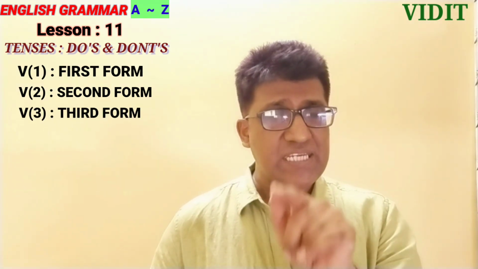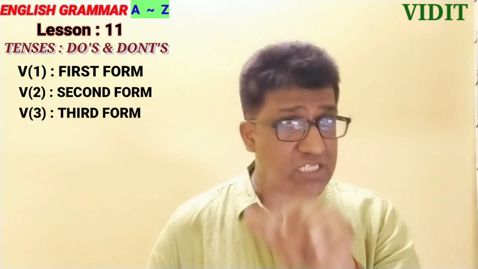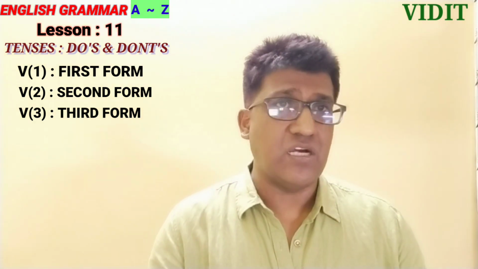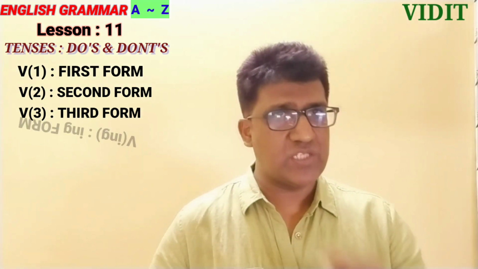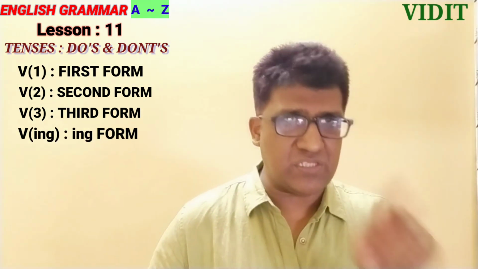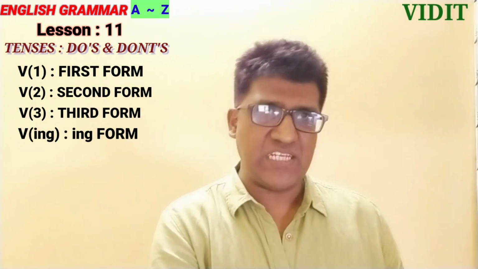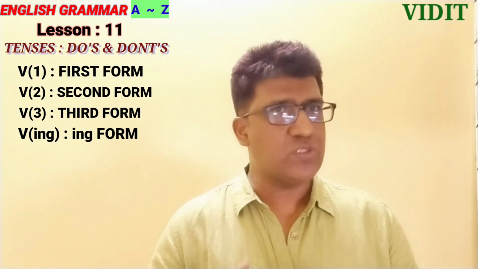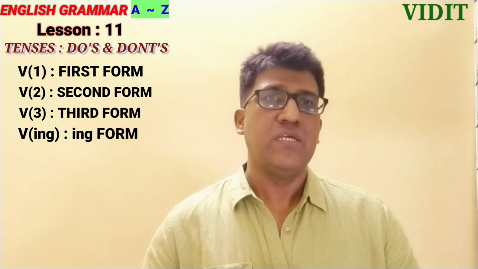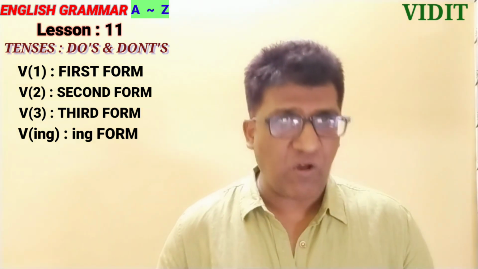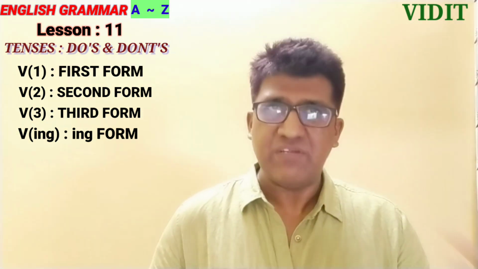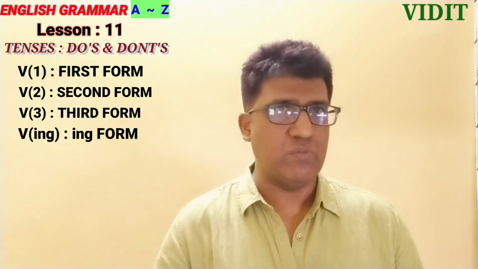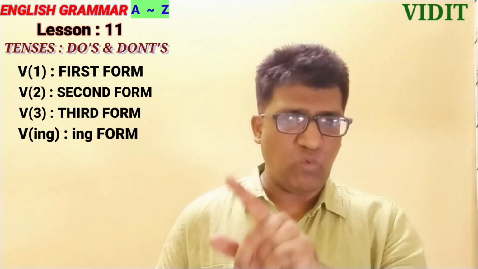And then V in the bracket 3 means this is the third form of the verb. And whenever there is V, ing in the bracket, it means it is the ing form of the verb. So in future, I will not be writing completely first form of the verb or second form or third or ing form of the verb. I will be just putting these symbols V1, V2, V3 and VING.